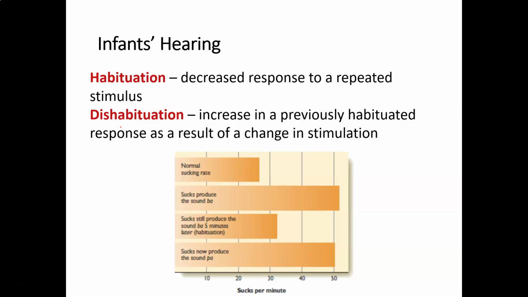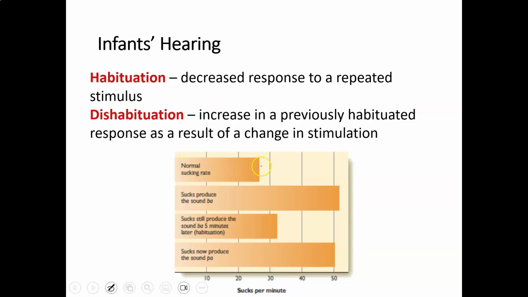So again, infants don't talk, but they're really good at sucking on a pacifier or a nipple. Scientists have attached the pacifier to a measuring device that allows them to measure how many sucks per minute an infant makes on that pacifier or nipple.